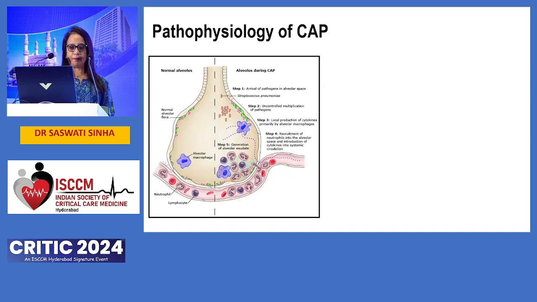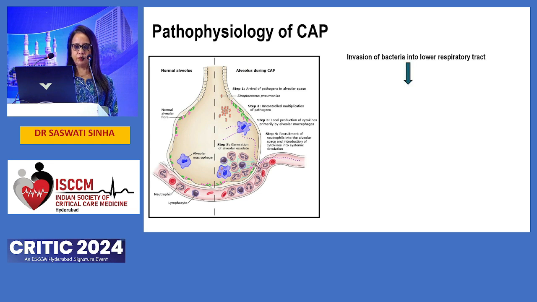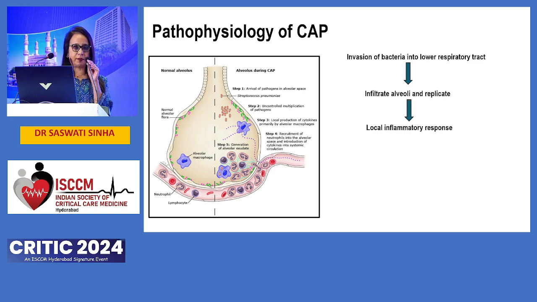So if we look at the pathophysiology of community-acquired pneumonia, the pathogens invade the lower respiratory tract, they infiltrate the alveoli and they replicate over there. The body's own defense mechanisms raise a local inflammatory response to deal with the pathogens and try to control the infection. However, often it goes out of proportion and we see systemic manifestations.